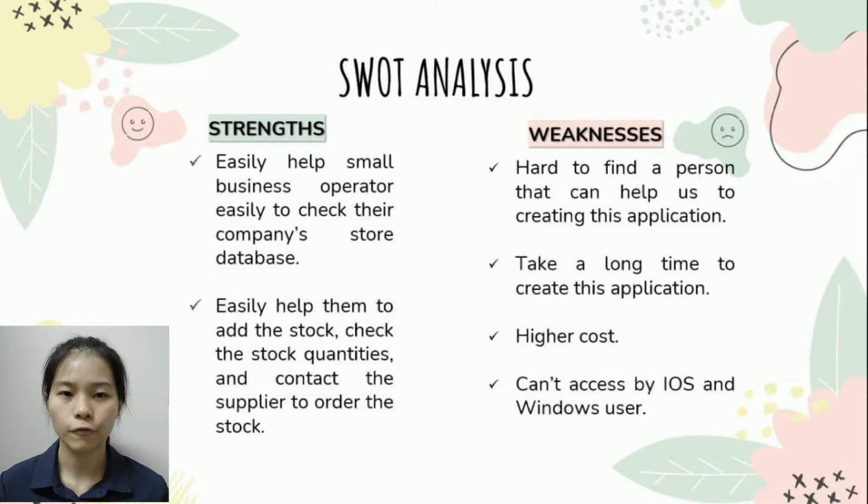Then the cost of creating this application is high because the features in this application are not easy to create. The last weakness is that it can only be accessed by Android users and cannot be accessed by iOS and Windows users.